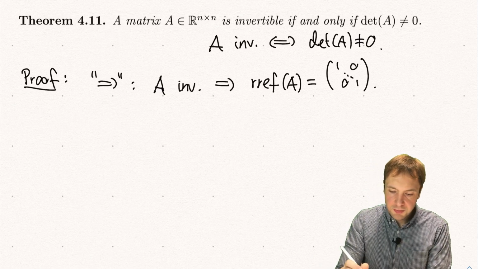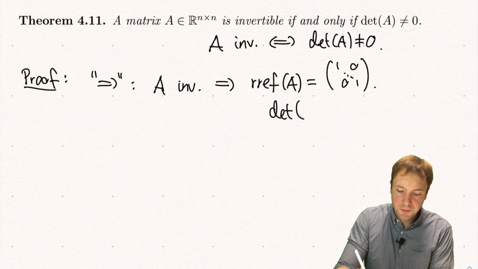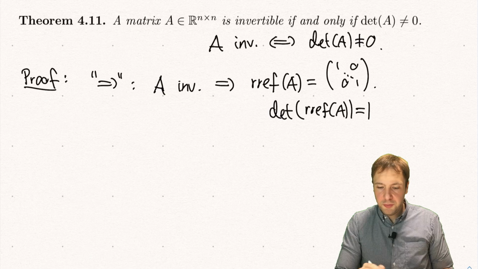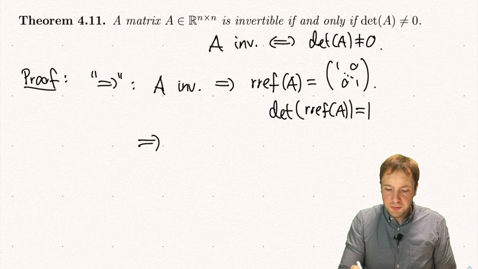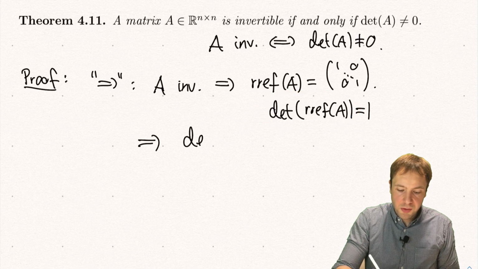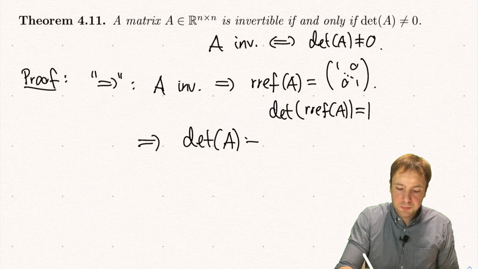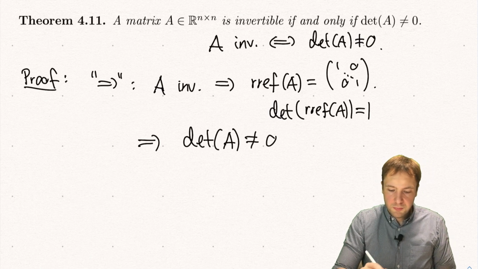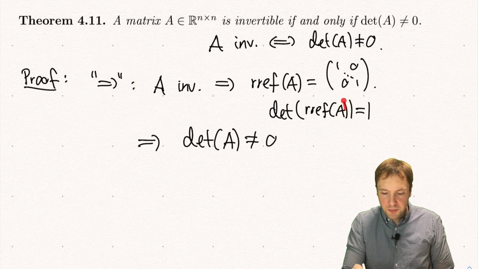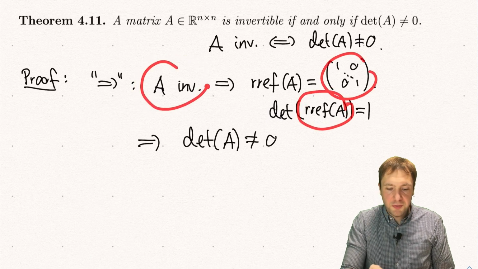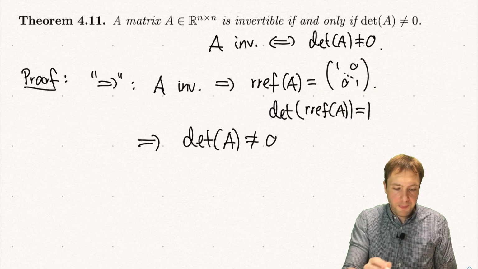And by the observation before, the determinant in particular of this is 1, so it's non-zero. And then we saw that if the determinant of the row reduced echelon form is not 0, then also the determinant of A is not 0. Because the row reduced echelon form is row equivalent to A, because we can always go there by using these row operations starting with A.